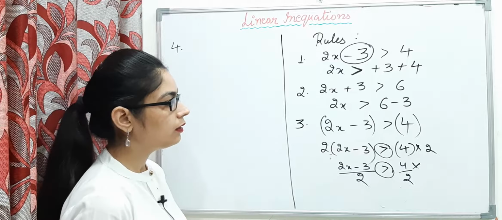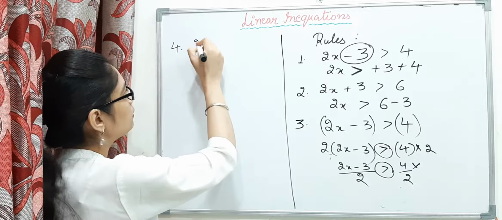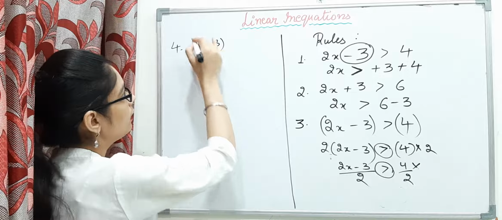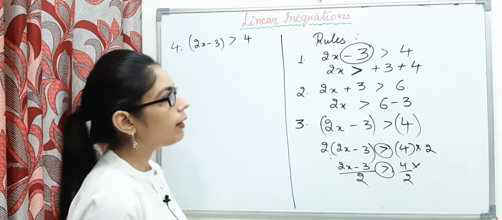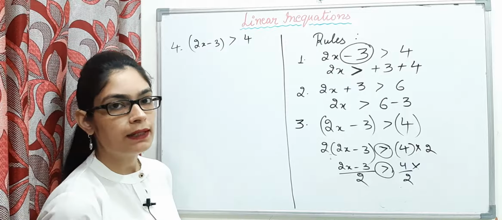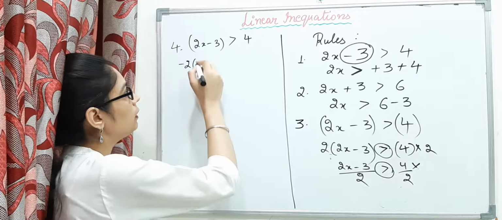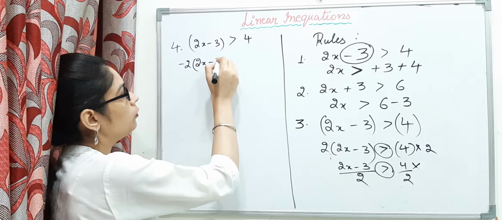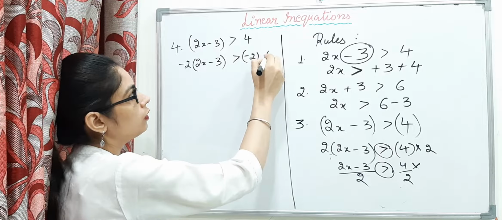The fourth rule is that if we multiply or divide, same example, 2x minus 3 is greater than 4, the given linear inequation by the same negative number, like minus 2 or minus 1, any negative number, we get minus 2 into 2x minus 3 greater than minus 2 into 4.